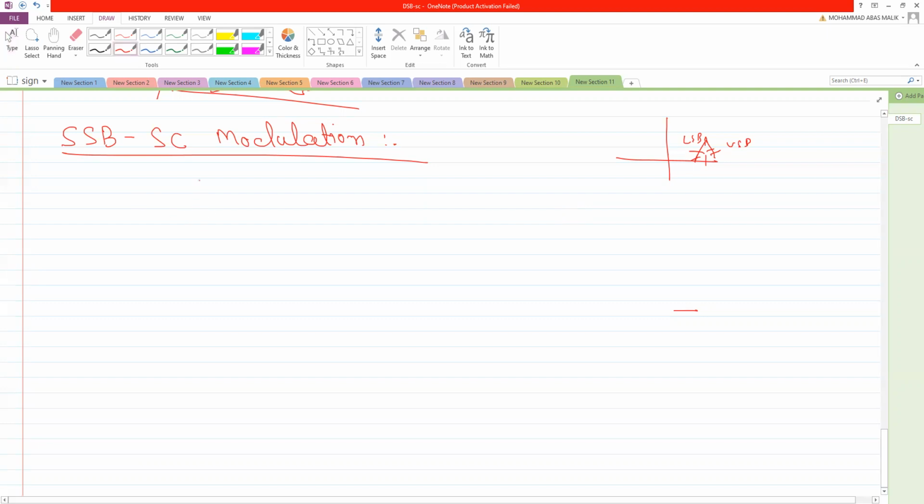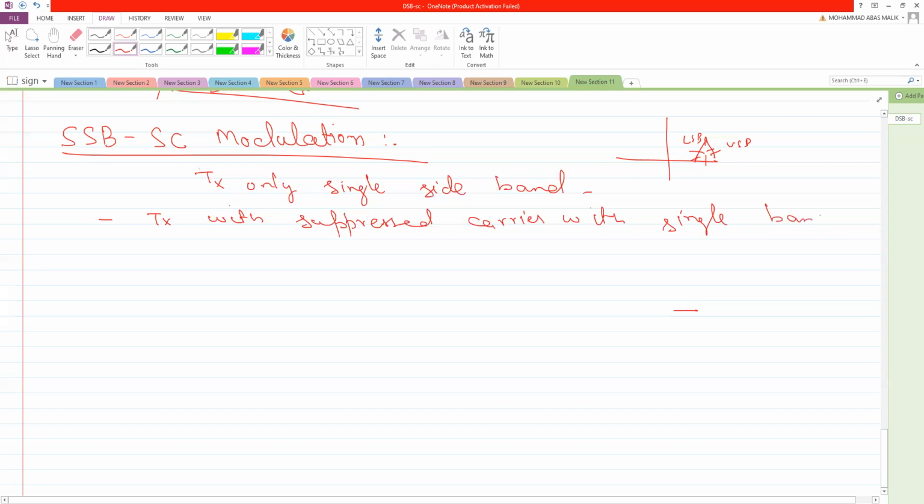So the technique in which you transmit only a single sideband, that means a transmission with suppressed carrier with single band, still no information will be lost, but power will be saved.